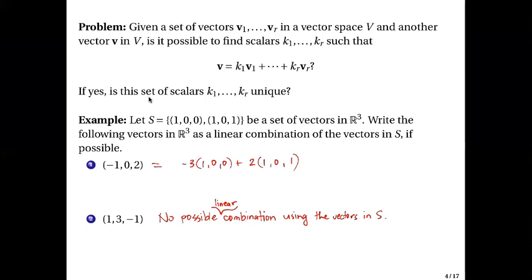There is another possible answer. Yes, we can find a linear combination, but the set of scalars is not unique, meaning there are several possible ways to write a combination for a given vector.